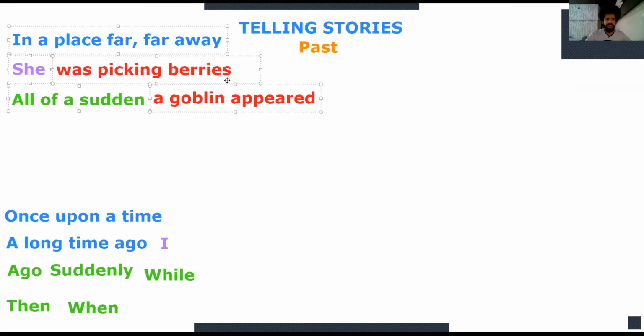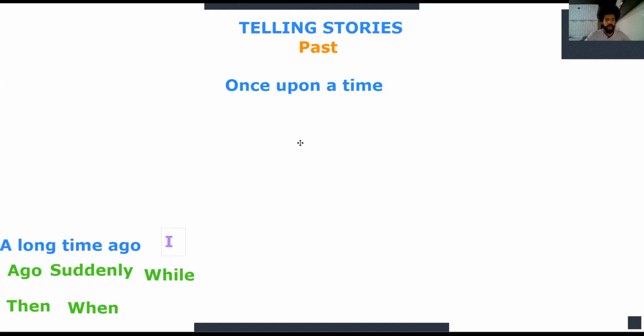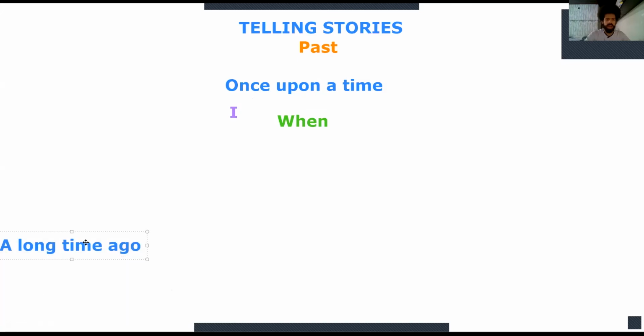I'm gonna put this here. Actually, we're gonna delete this because too many stuff here. And for our second story, we're gonna use once upon a time. It's gonna be the past, of course. Once upon a time, I, and when. This is gonna be our time expression. Same thing, no cuts, because I'm gonna show you this is improvised.